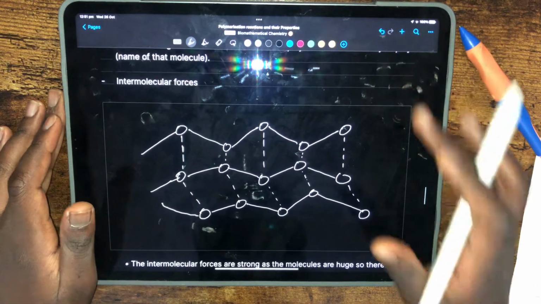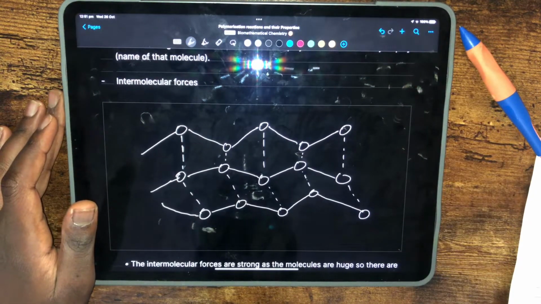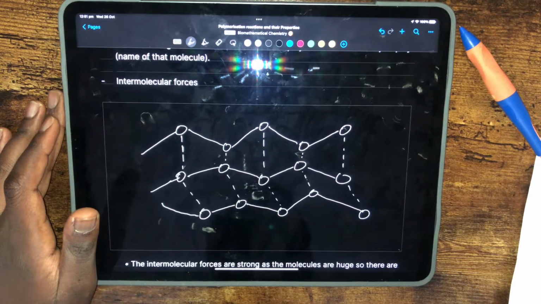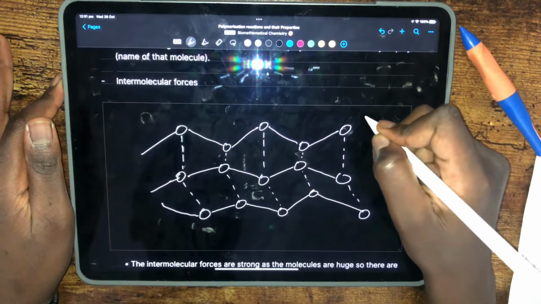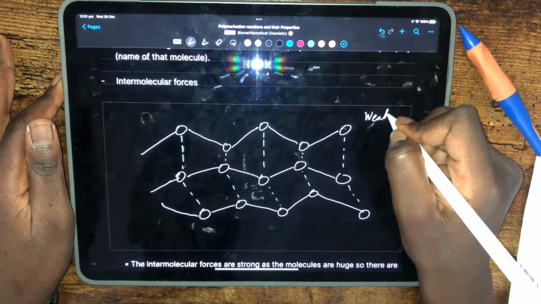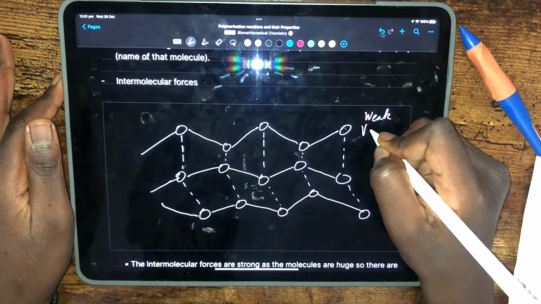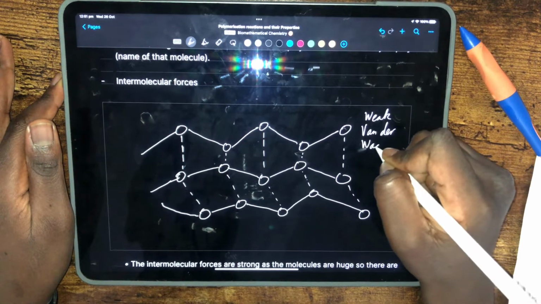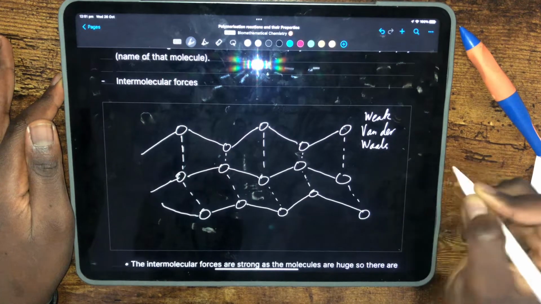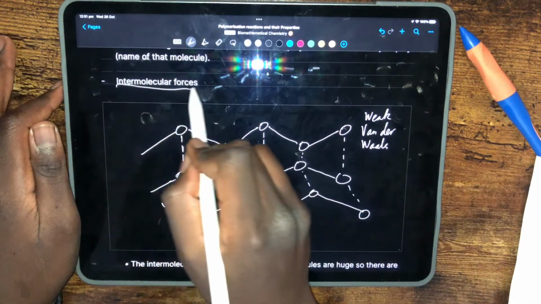And these forces are weak van der Waals intermolecular forces.